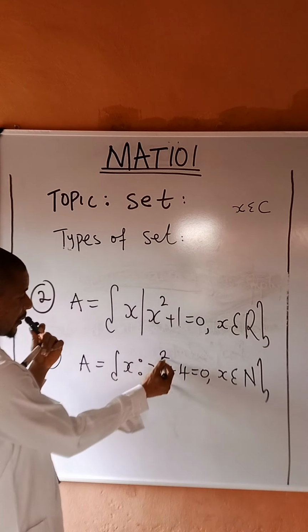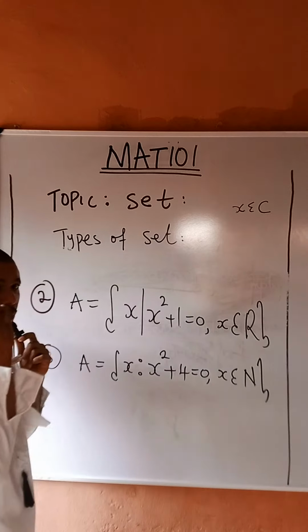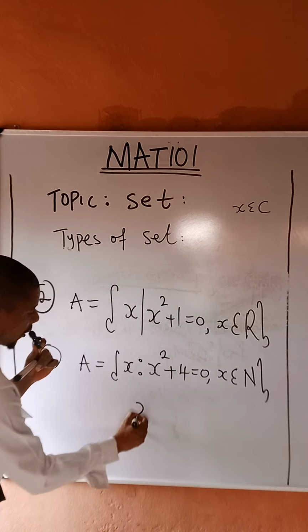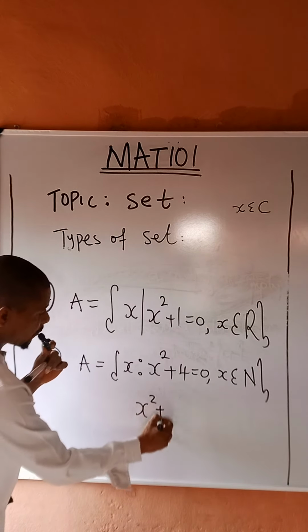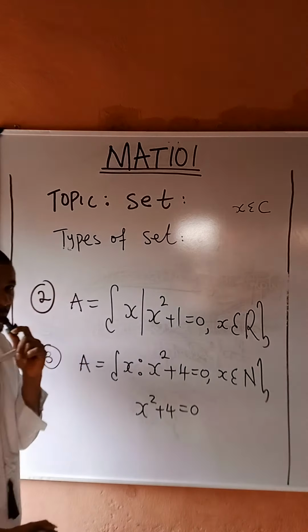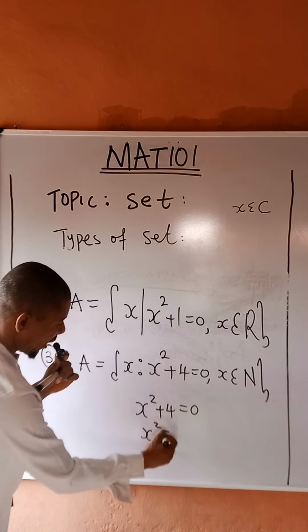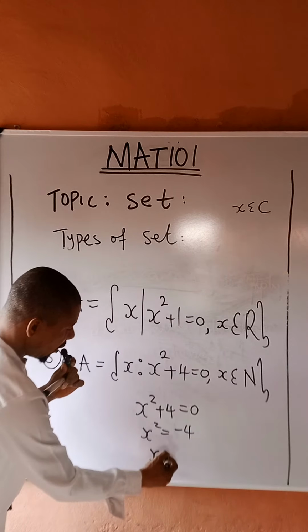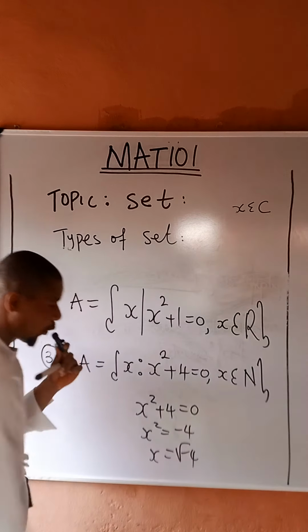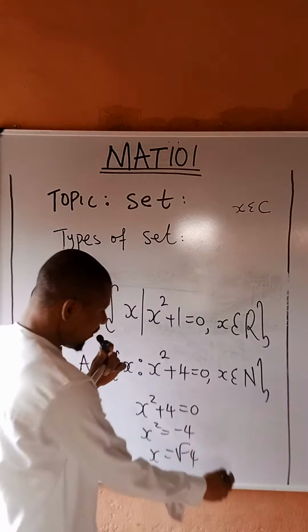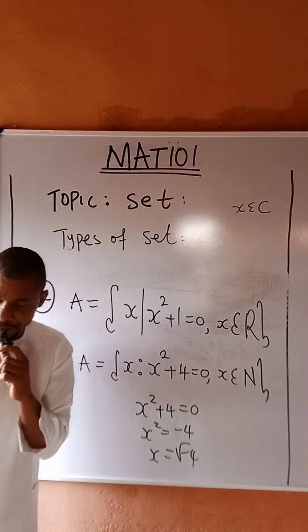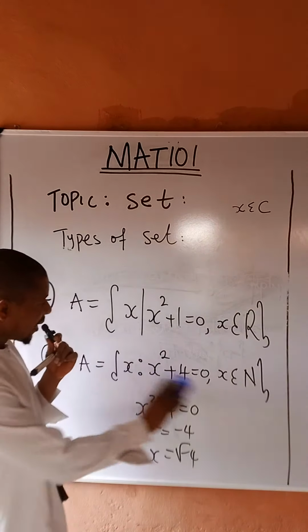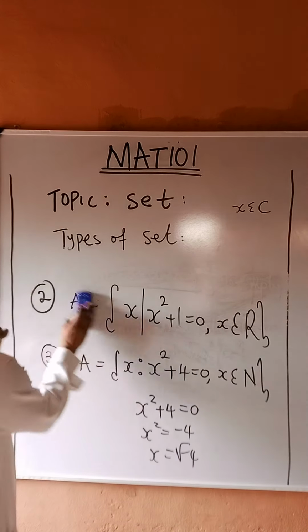The reason is that if I want to solve x squared plus 4 equal to 0, x squared will give me minus 4, and x will give me the square root of minus 4, which will give me a complex number. So it is also an example of an empty set.